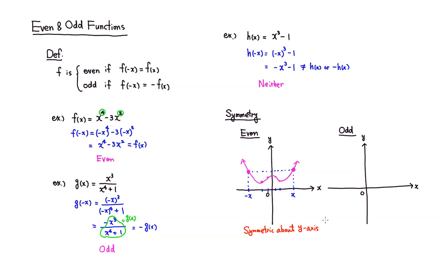So what if you have an odd function? When you plug in, say, x, and the value is somewhere up here, and if you plug in negative x, you get the negative of the original value. So you go the same distance, but the other way, on the negative side.